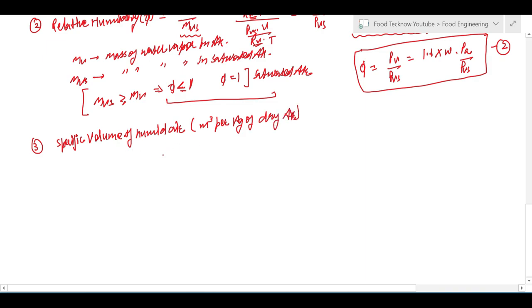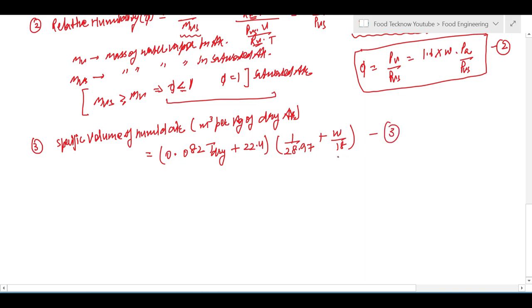Okay, so it is equal to 0.082 into T dry plus 22.4, bracket close, into 1 divided by 28.97 plus W divided by 18. So just remember this formula.